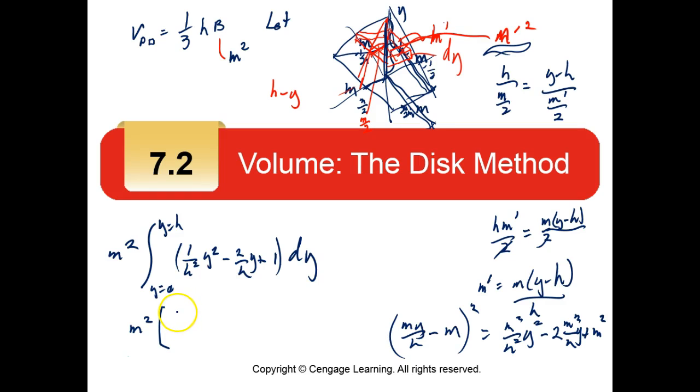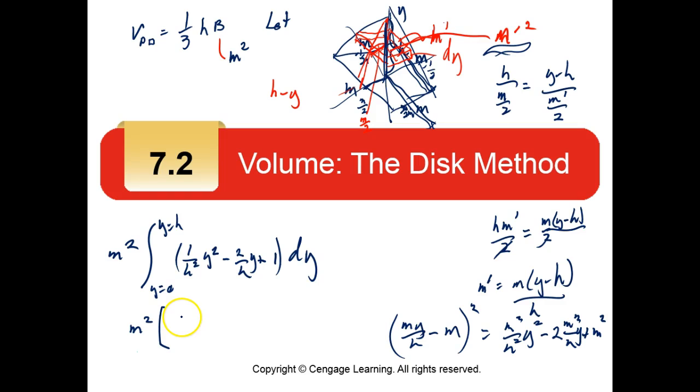What would that be? Help me. Antiderivative of 1 over h squared y squared. h is a constant, remember. y is your variable. Antiderivative of that.